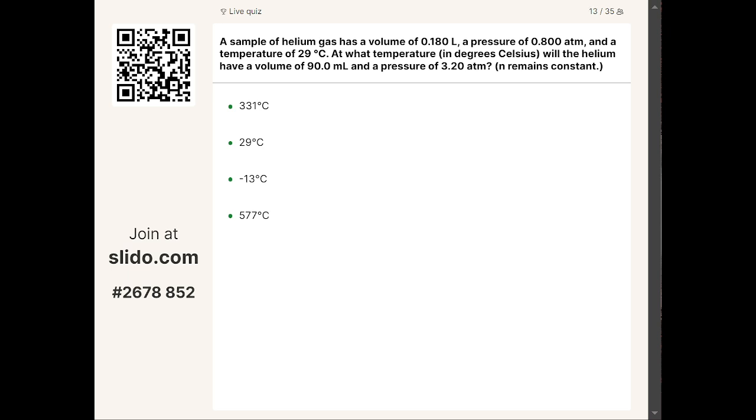Yeah, you'll have to solve for that T2. By the way, do you want things to be in degrees Celsius? No, they have to be in what? Kelvin when you work this out. Then you're going to have to, at the end, come back into degrees Celsius, aren't you?